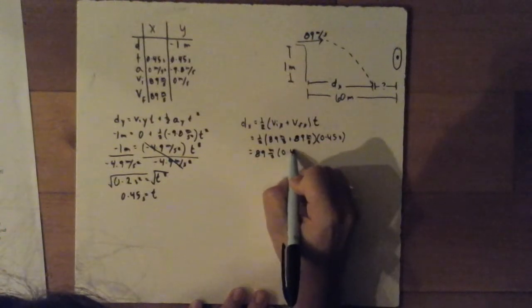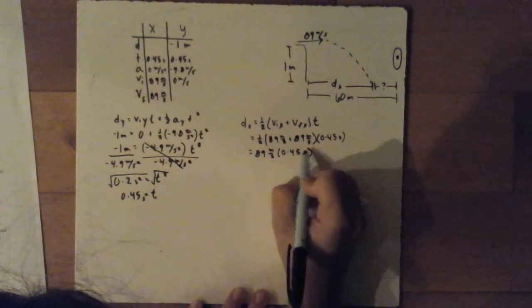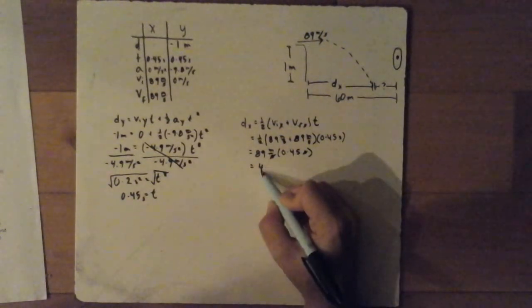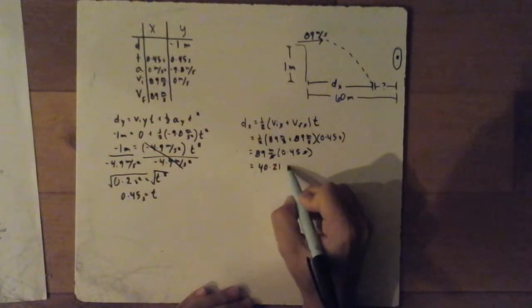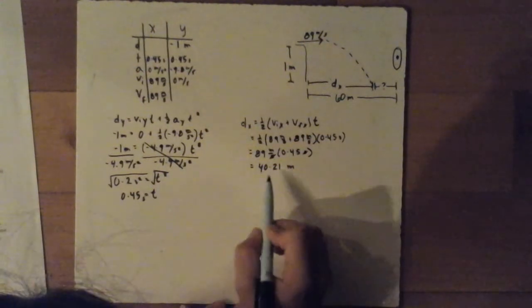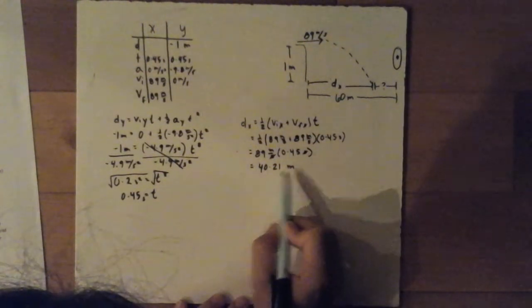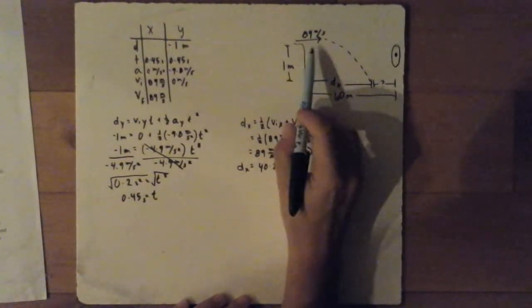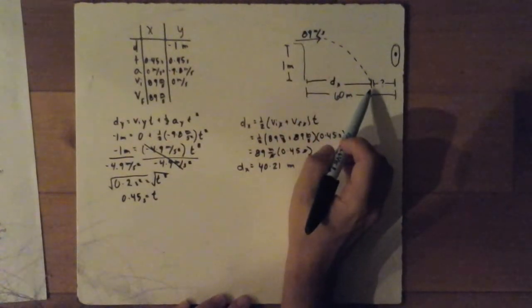We'll multiply that by the time. That gives me 40.21 meters. So the arrow went a total, dx is 40.21 meters. The arrow went a total of 40.21 meters.